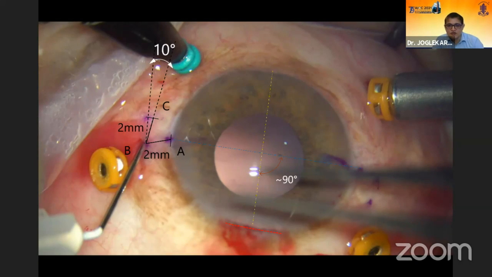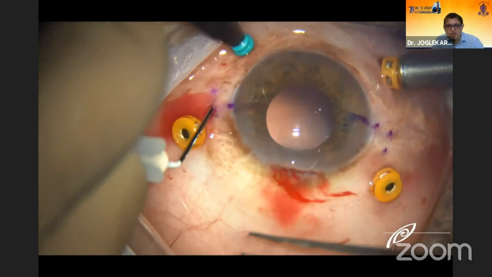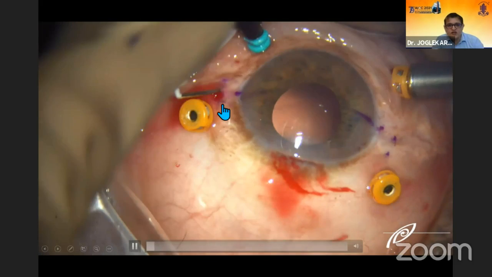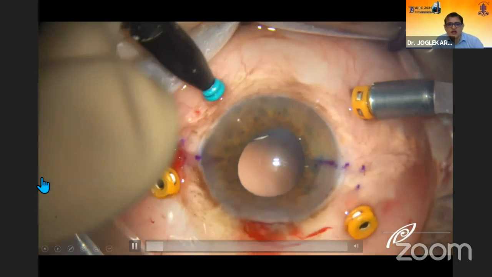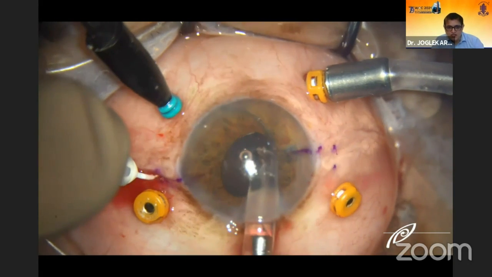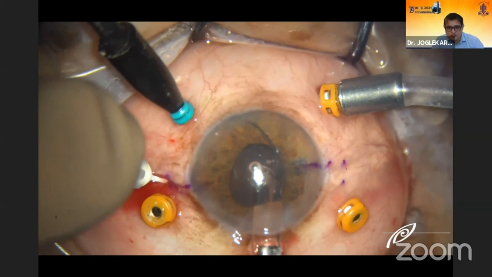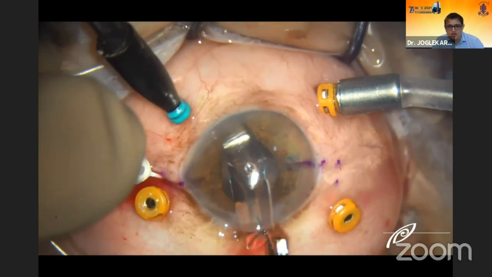This is the surgical video. Okay. We pass the needle from this point to that point. We inject a lens inside, keep the trailing haptic outside of the globe.